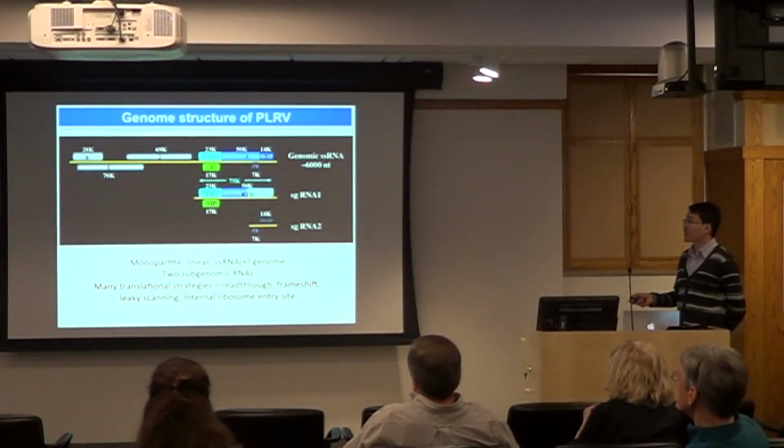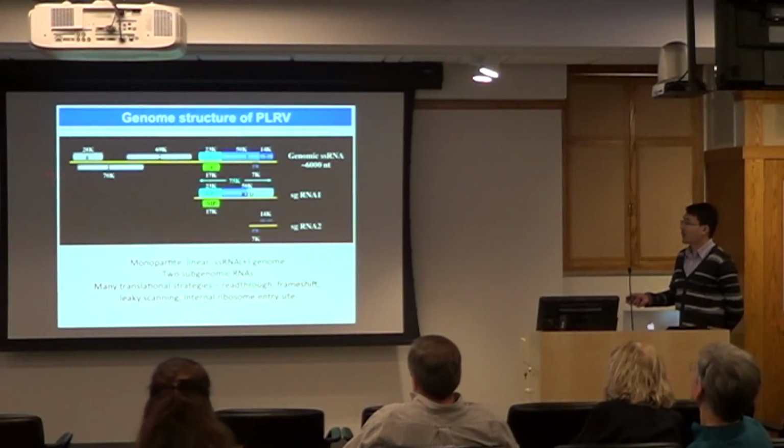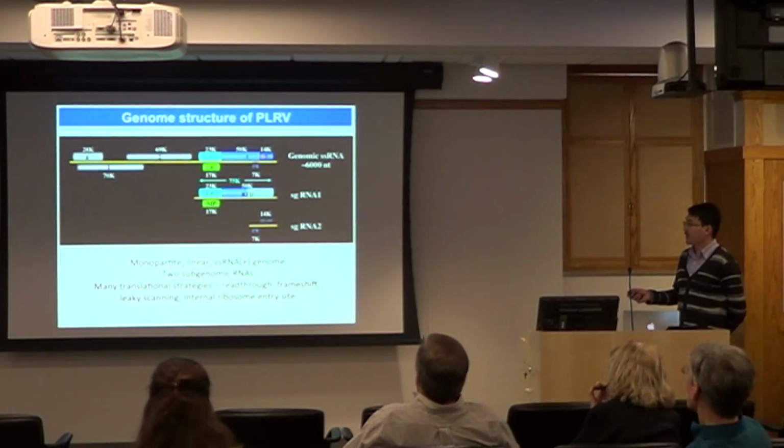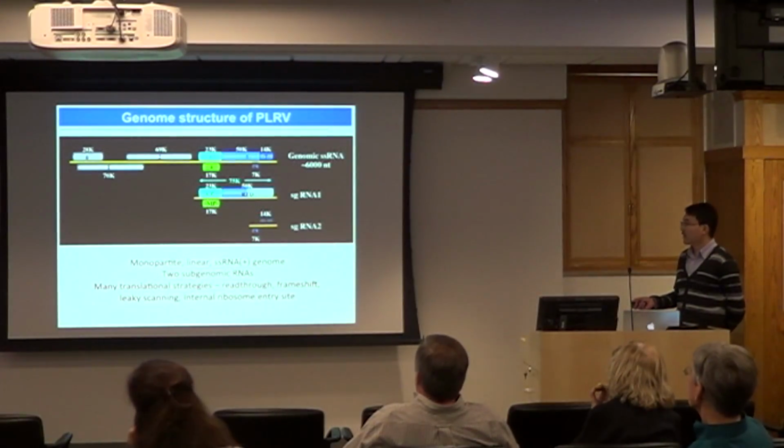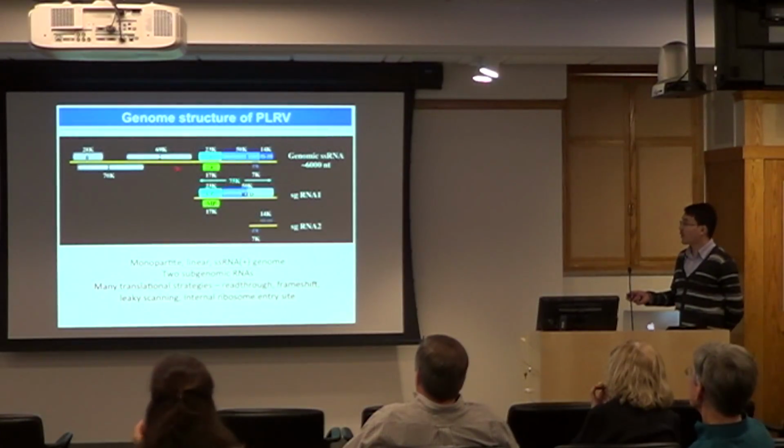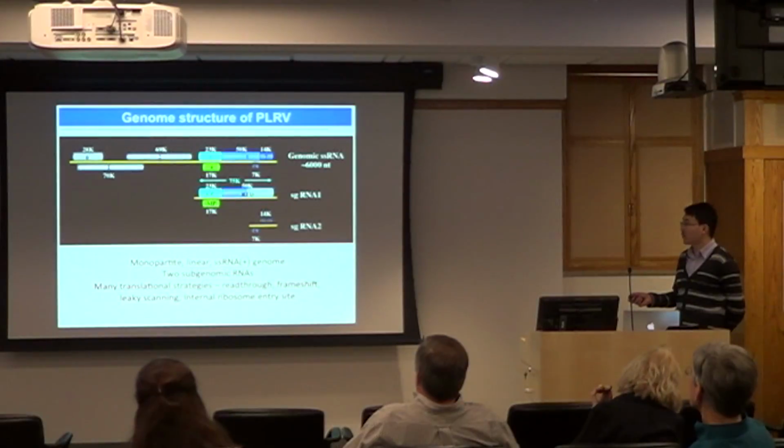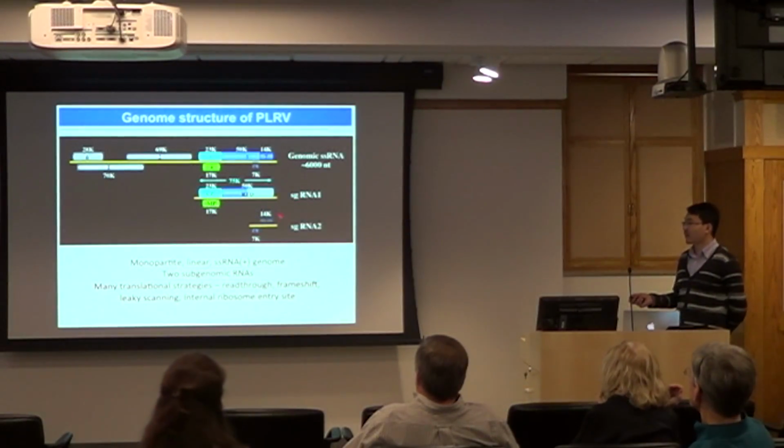Here is the genome structure of the leafroll virus. It looks very simple, and it is a monopartite, linear, single-stranded RNA virus. Also, the whole genome can transcribe 2 subgenomic RNAs, named subgenomic RNA1 and subgenomic RNA2.